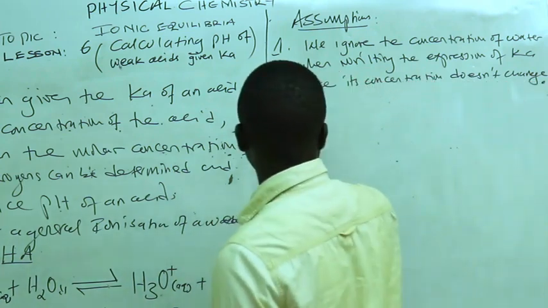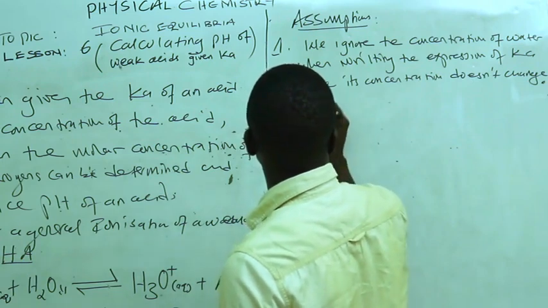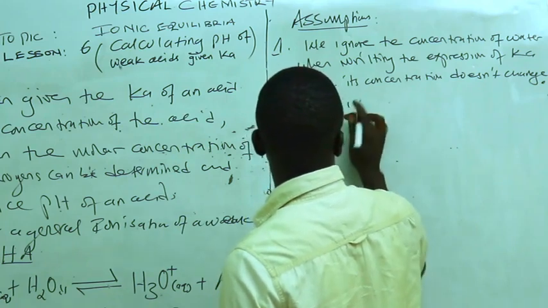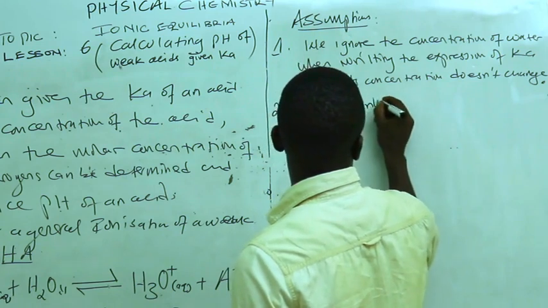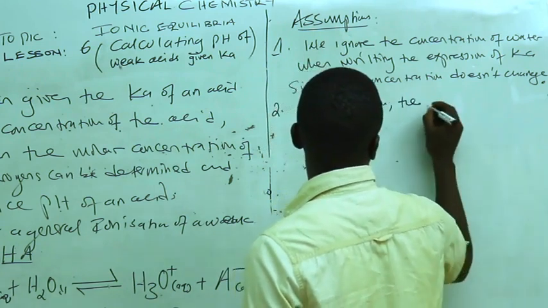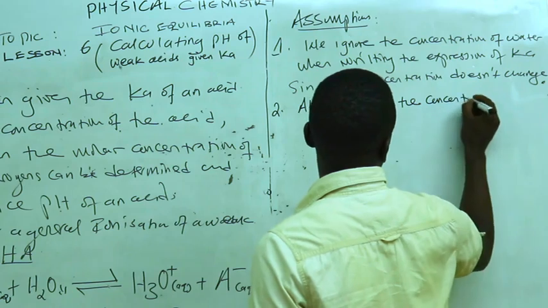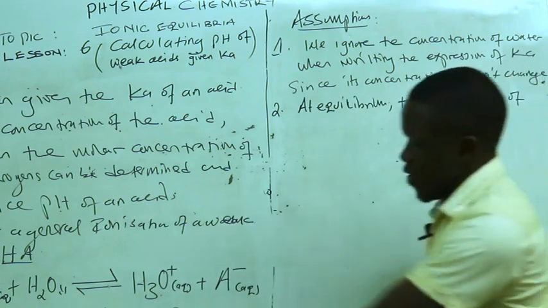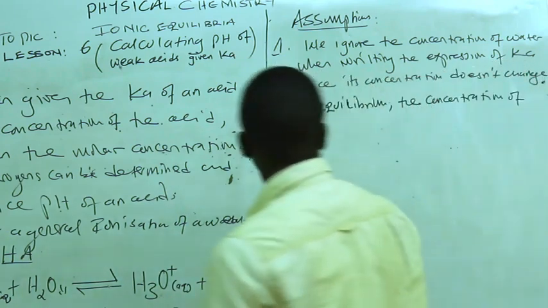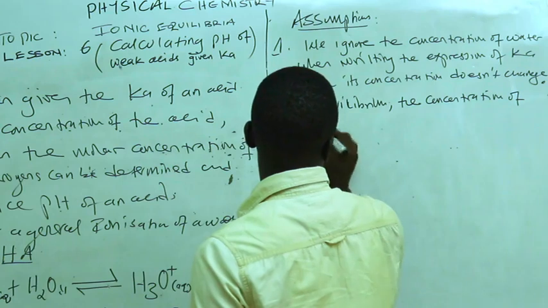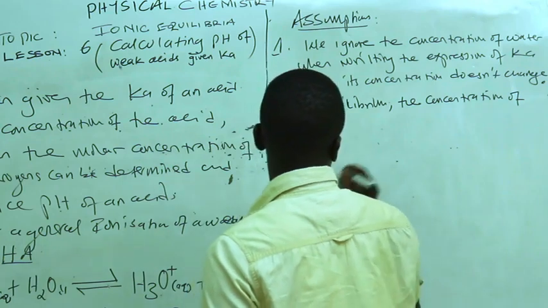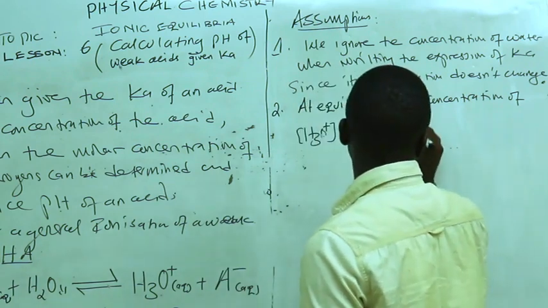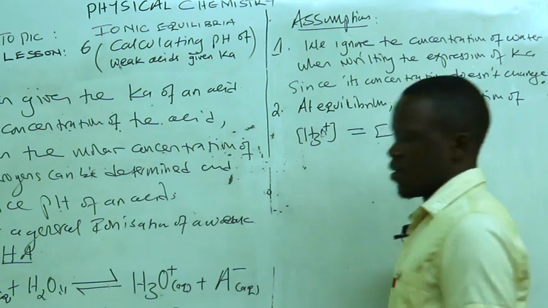Assumption number two, that at equilibrium, the concentration of hydrogen ions or hydroxonium ions is equal to the concentration of A minus, the conjugate base.